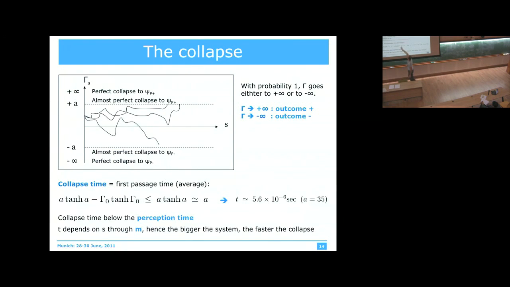This is a first passage time thing, and you can prove that the time for our 1 gram pointer is 10 to the minus 6 seconds. So what is the picture? Mathematically there is a superposition of the pointer going to the left and to the right. But in 10 to the minus 6 seconds, one of the two terms is killed.